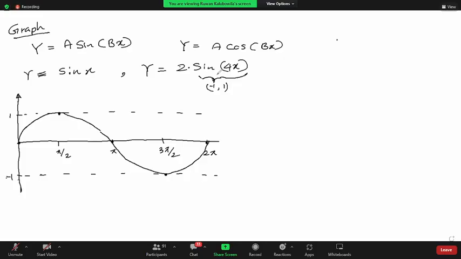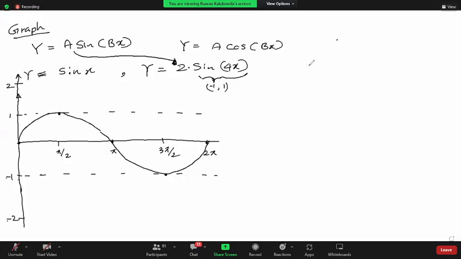Plus 2 and minus 2. Yes. Plus 2 and minus 2. That's the maximum and the minimum. So this is plus 2, this is minus 2. Right. In this case, you can see something. This term, the a, we have to identify.